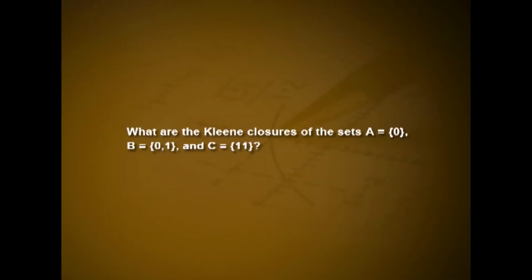What are the Kleene closures of the sets A equal to {0}, B equal to {0, 1} and C equal to {11}? The solution. The Kleene closure of A is the concatenation of the string 0 with itself an arbitrary finite number of times.